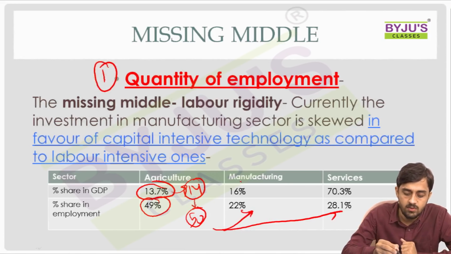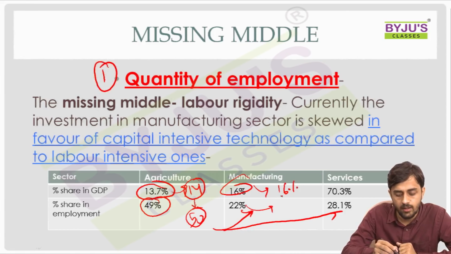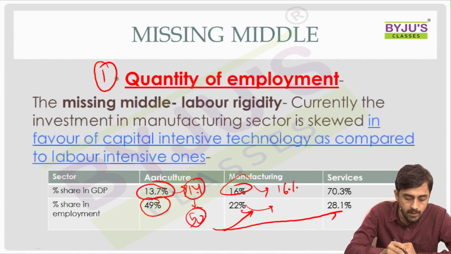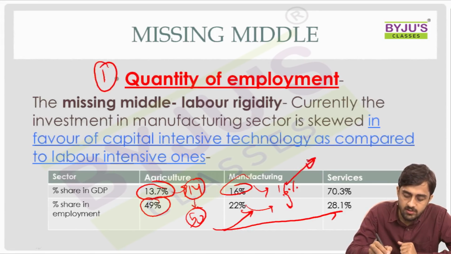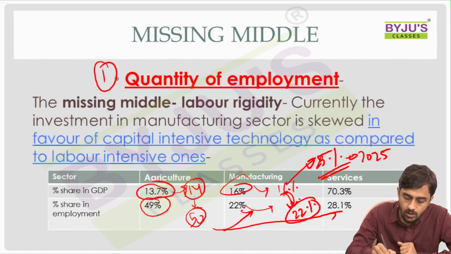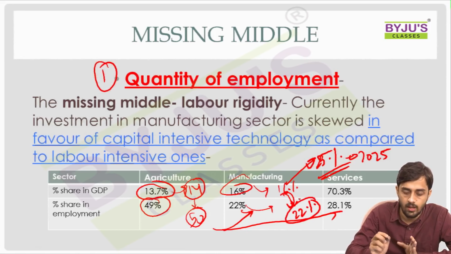Now, at the same point of time, the manufacturing sector contributes roughly 16% of the GDP and employs roughly 22 to 24% of the population. So again, while the manufacturing sector contributes mainly 16%, which the National Manufacturing Policy and the Make in India campaign intend to increase to 25% up till 2025, this 16% contribution to GDP comes from 22% of the population employed as of now.